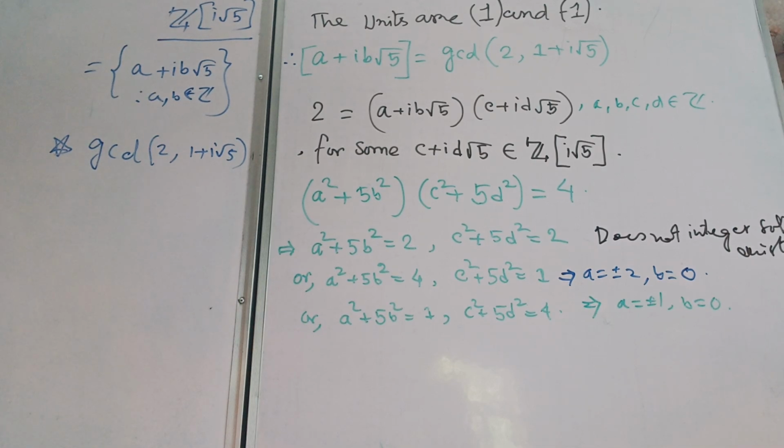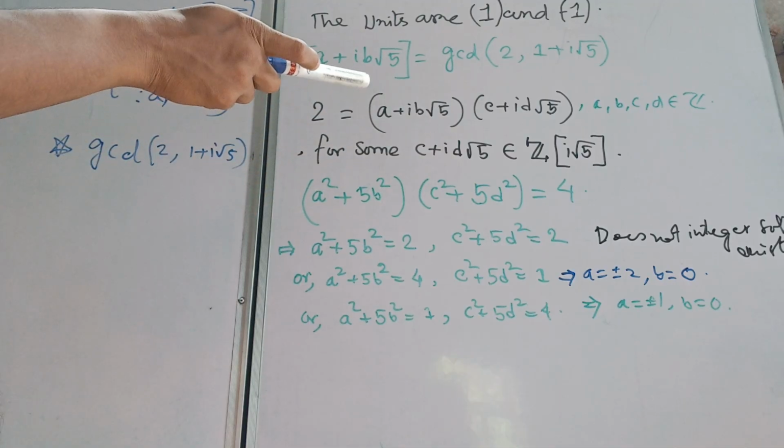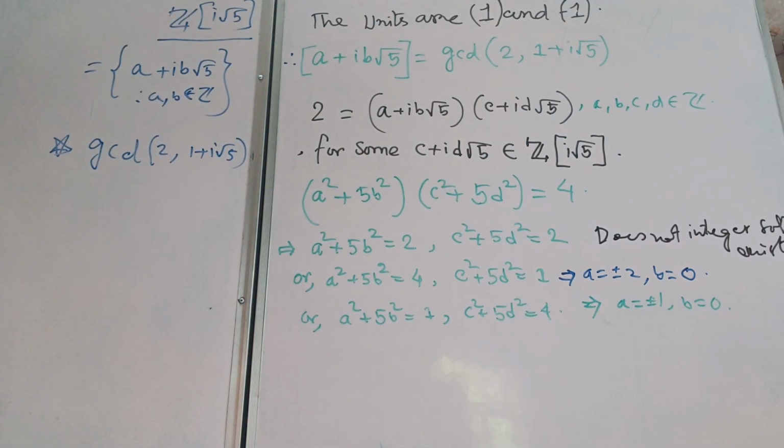Then we find another way: this one equals 4 and this one equals 1, then a equals plus or minus 2, b equals 0, and a equals plus or minus 1, b equals 0. In this way c equals plus or minus 1, d equals 0, and c equals plus or minus 2 and d equals 0. So what we obtain is that the GCD is either 1 or 2.